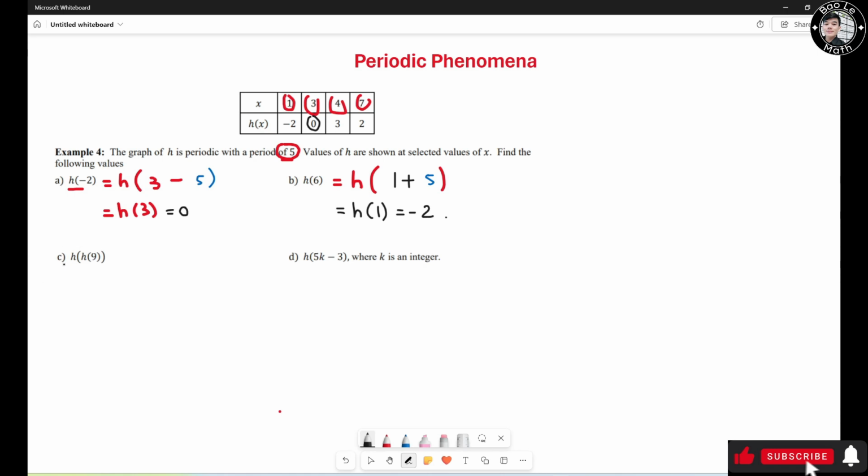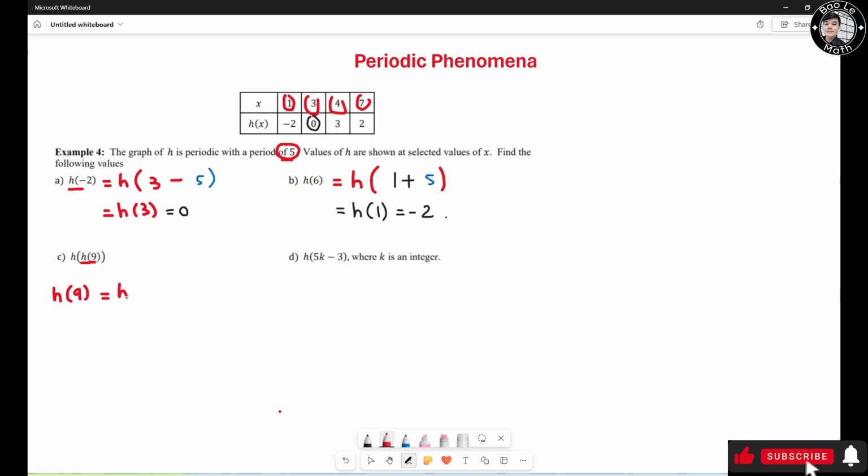Now, question C, h of h of 9. So we need to separate this one. We need to calculate the inner function first. The inner function is h of 9. So I put this one on the side, h of 9. So I need to write h of 9 in terms of the period of 5.